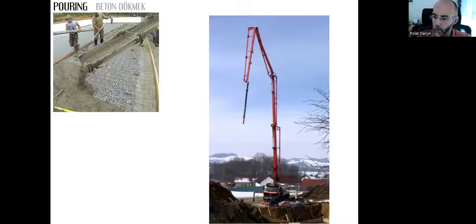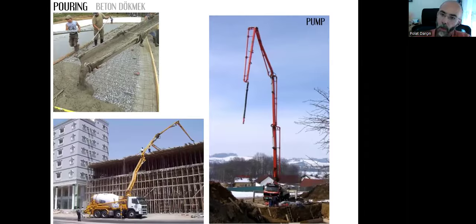We need to keep it inside the concrete so it won't get corroded. We can use concrete pumps to reach longer distances or upper floors. That's a machine which can be attached to the end of the transmixer, so poured concrete can be forced through these hoses with the force of the machine.